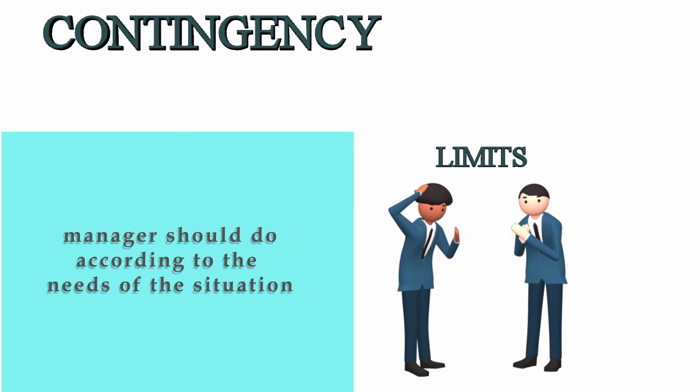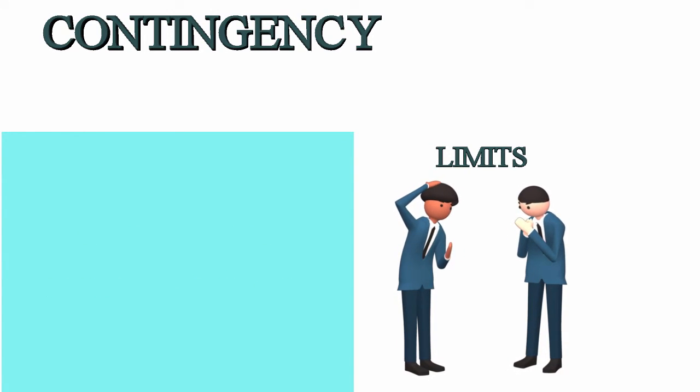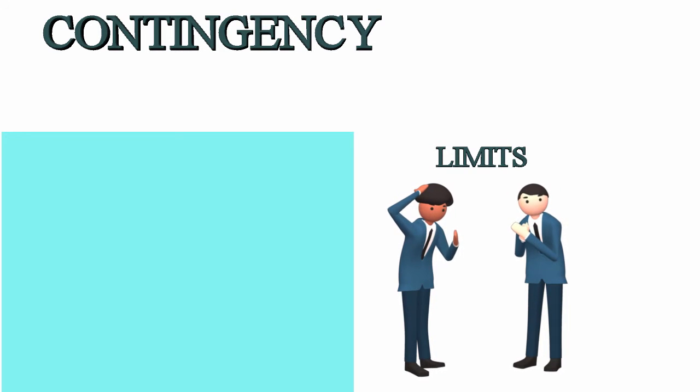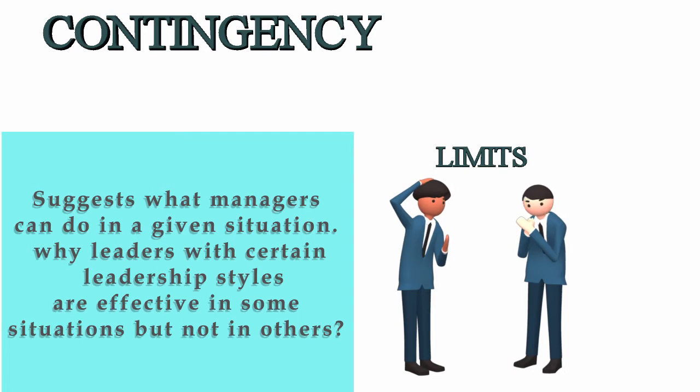However, when put into practice, this becomes very complex. Contingency approach is basically reactive in nature. It merely suggests what managers can do in a given situation. Contingency theory, although having several strengths, generally falls short in trying to explain why leaders with certain leadership styles are effective in some situations, but not in others.